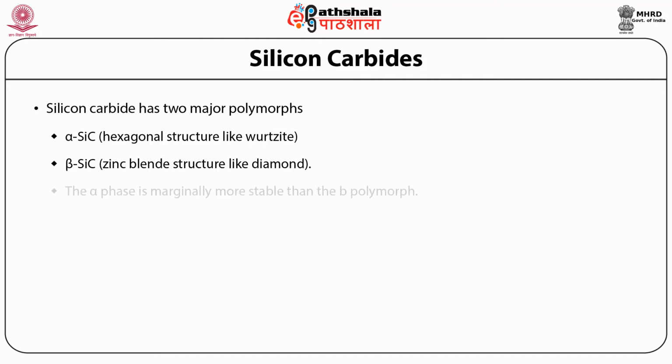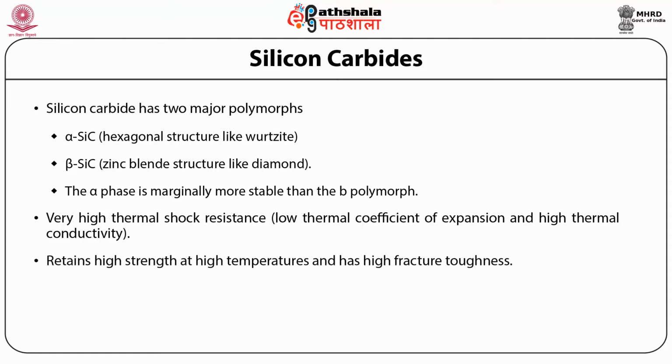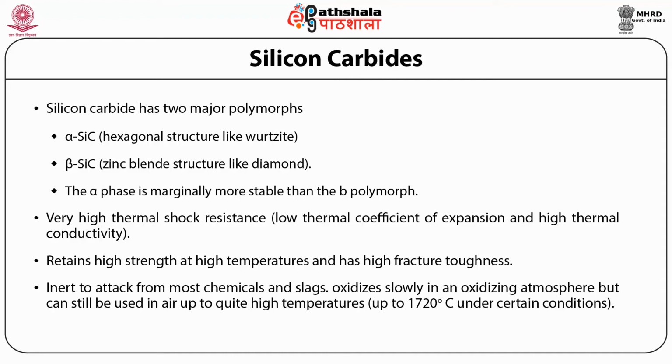Of the two, the alpha phase is marginally more stable than the beta polymorph. Because of its low thermal coefficient of expansion and high thermal conductivity, it has a very high thermal shock resistance. It retains high strength at high temperatures and has high fracture toughness. It is inert to attack from most chemicals and slags.